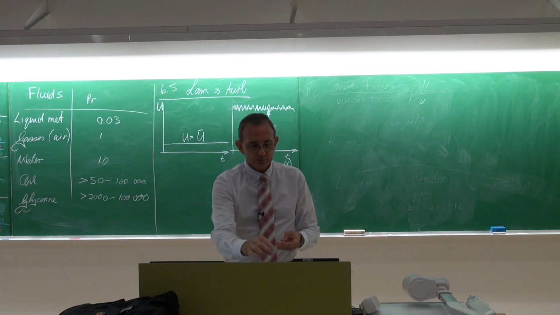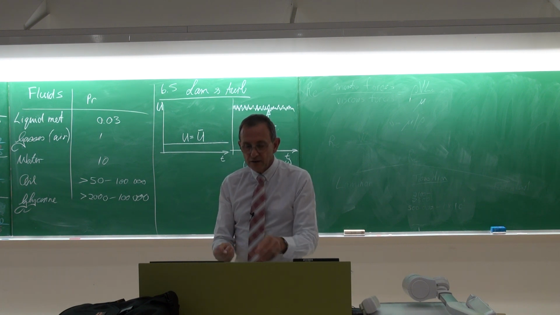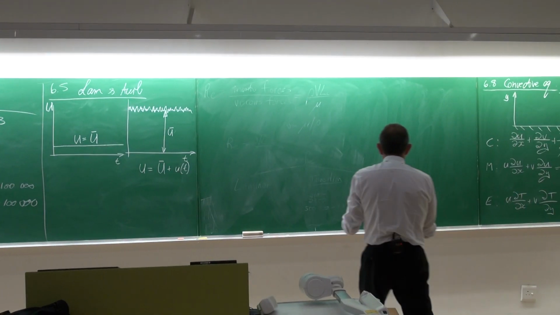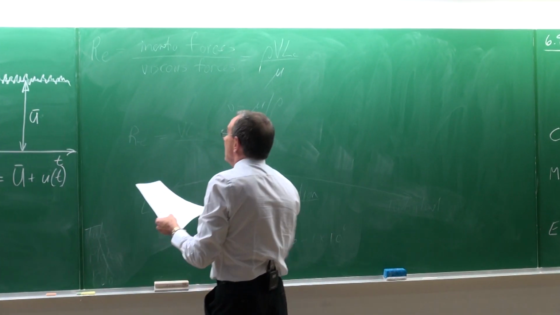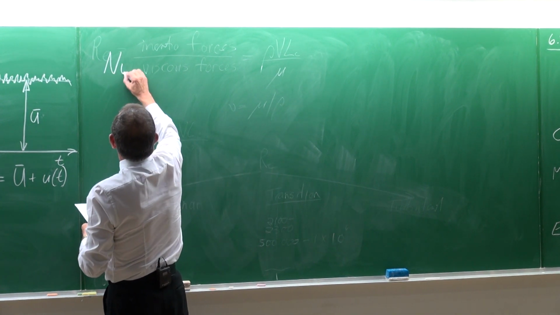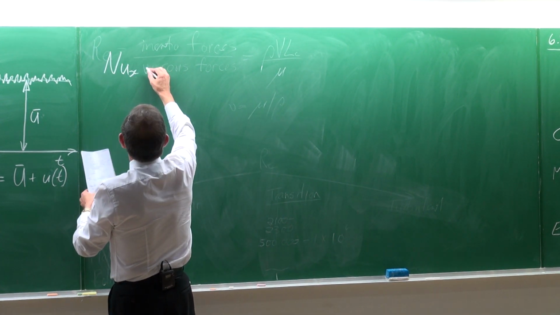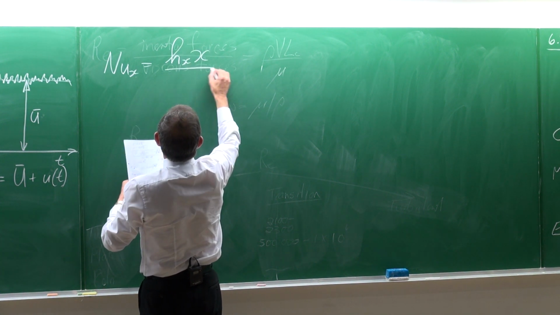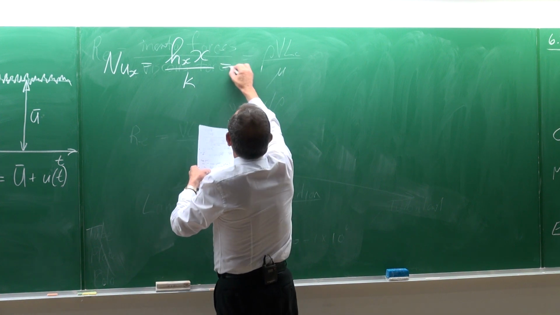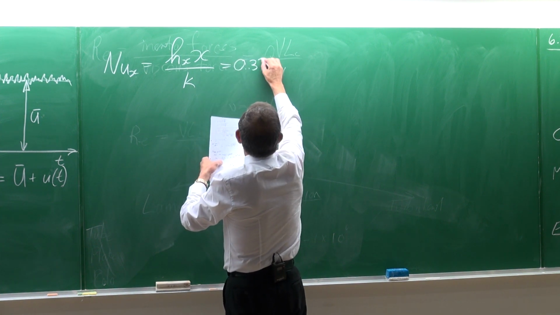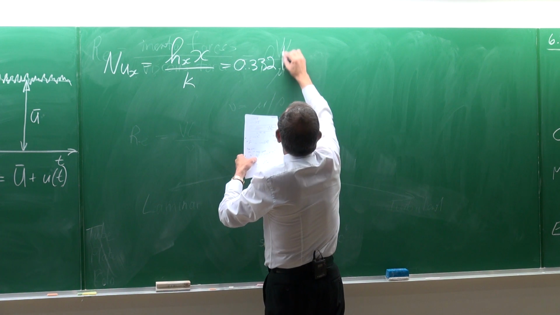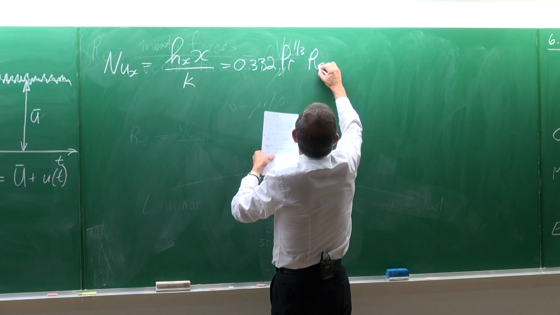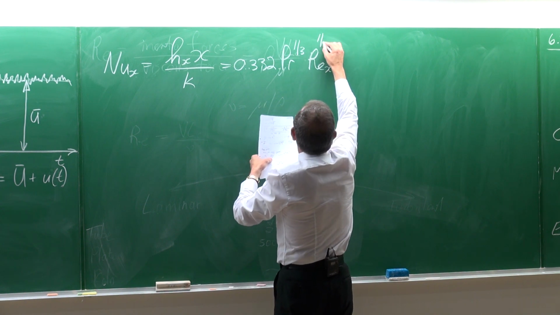an assumption. Now, what was done for the thermal boundary layer equations can also be done for the energy equations. And then the energy equations can be solved so that the local Nusselt number, which is equal to the heat transfer coefficient multiplied by x divided by k, is equal to 0.332 multiplied by Prandtl to the third multiplied by Reynolds x to the half.